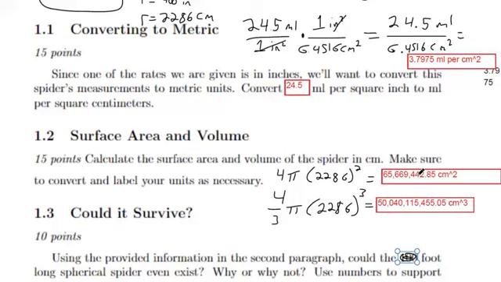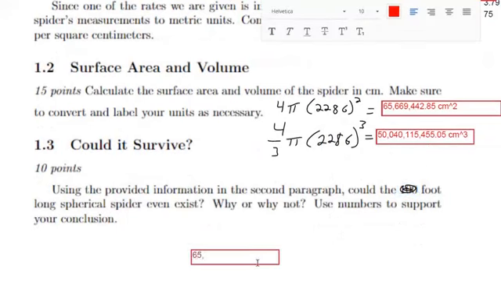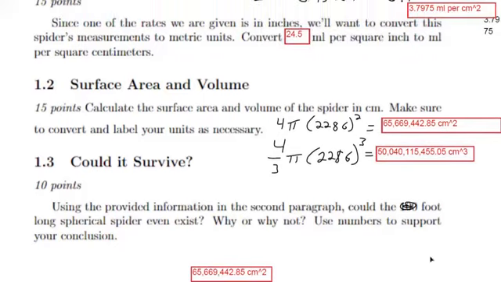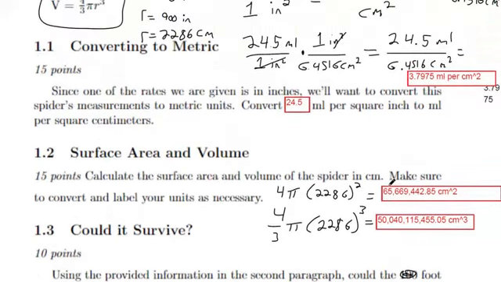I need to know how many milliliters per second the spider is going to be able to absorb. So I'm going to take my answer for the surface area, 65,669,442 and 85 hundredths square centimeters. Okay, so we're going to take our surface area, that's centimeters squared, and multiply it. Oh, we can't cancel that out.